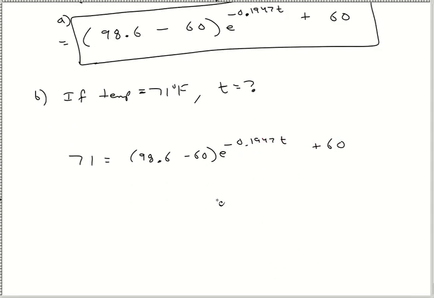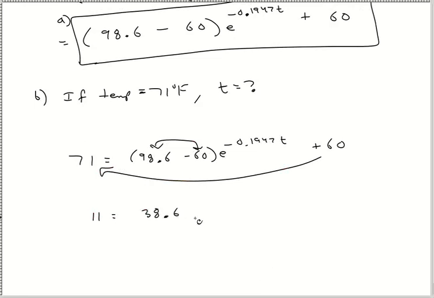Solve for T. The first thing I'm going to do is subtract the 60, so I got an 11. And actually, this guy right here, I can also combine like terms to make the 38.6. Divide.